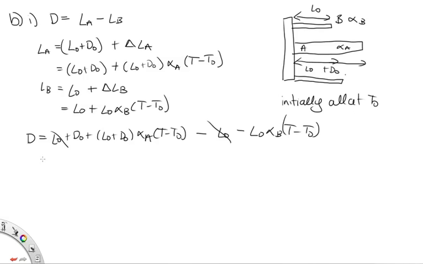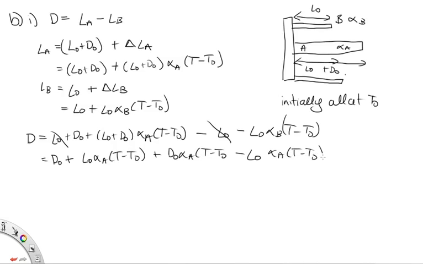And so this is equal to D naught plus, let's expand these brackets, L naught alpha A (T minus T naught) plus D naught alpha A (T minus T naught) minus L naught alpha B (T minus T naught). Let's put the terms with the D naughts together.